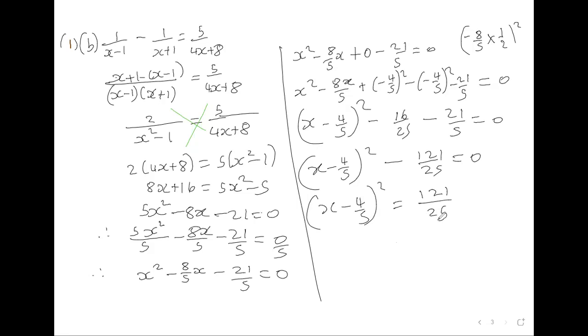Taking square roots on both sides gives you x minus 4 over 5 whole square root of 121 over 25, then say plus or minus. So we have x minus 4 over 5 equals plus or minus, okay, this is 25. So when you simplify the square root, you get 11 over 5.